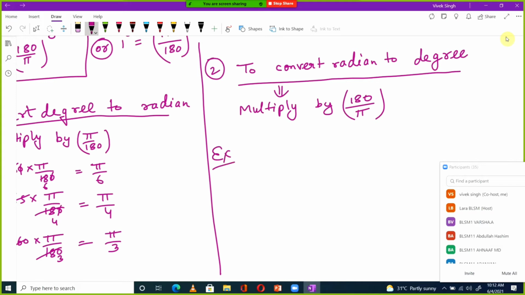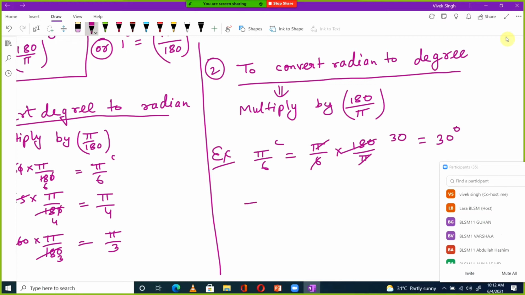So for example, let's say I want to convert pi by 6 to degree. How do you convert pi by 6 radian to degree? This will be pi by 6 into 180 by pi. So pi and pi will cancel out, and you will get 30 degree.